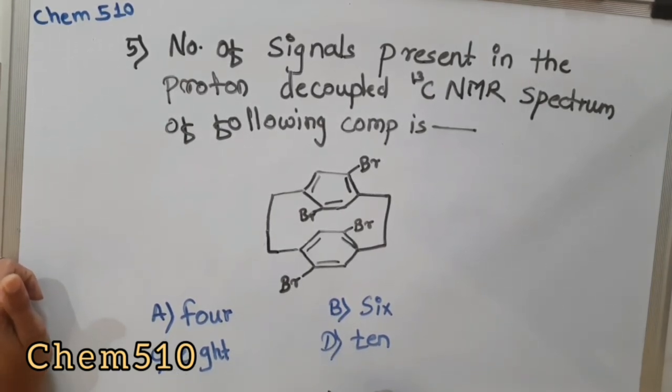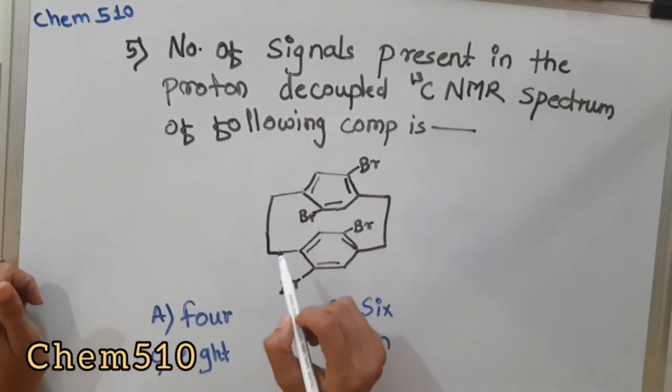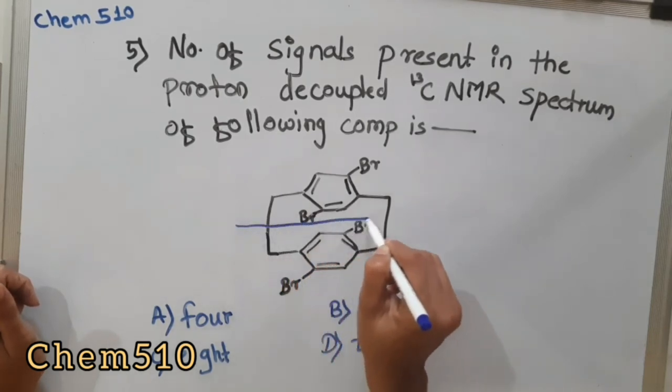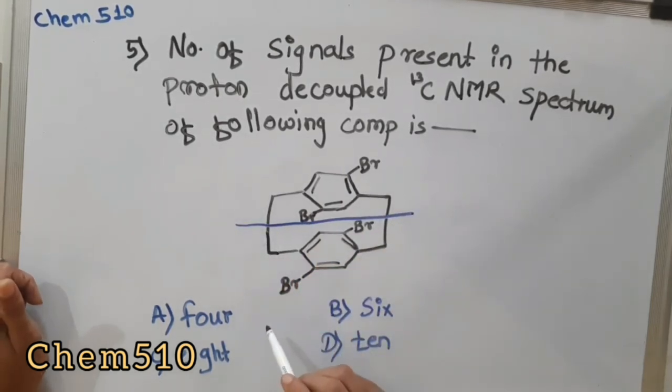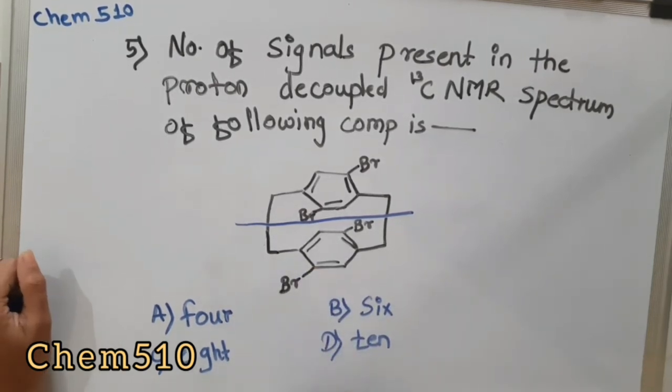So this compound has a plane of symmetry, here the plane passing in this way. So we know that C13 NMR depends upon the types of carbon atoms present in the compound.